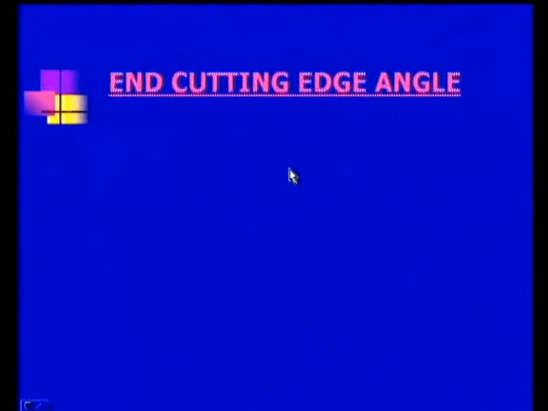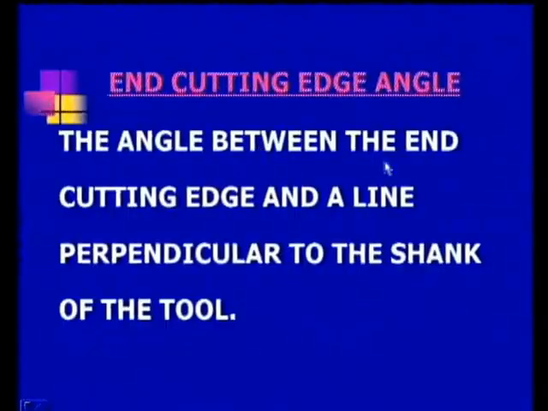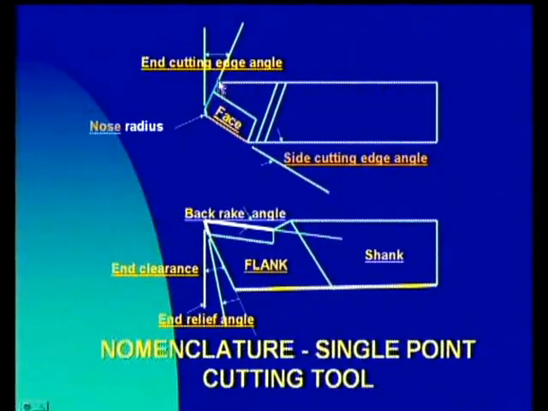Then, the end cutting edge angle. We have the side cutting edge angle, which is relevant to the side cutting edge, and the end cutting edge angle, which is measured with reference to the end cutting edge. This is the angle between the end cutting edge and a line perpendicular to the shank of the tool. You have a line perpendicular to the shank of the tool and you have an end cutting edge, and if you observe the figure, you can clearly see what this angle is.